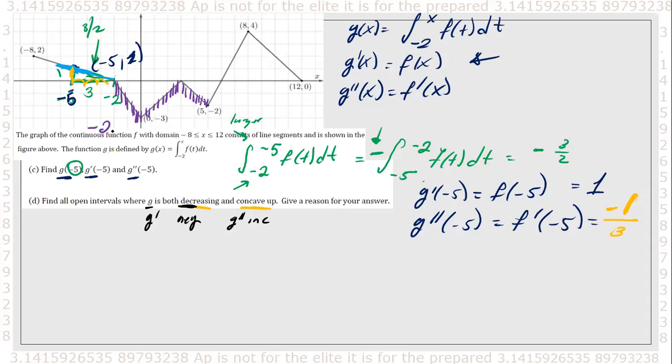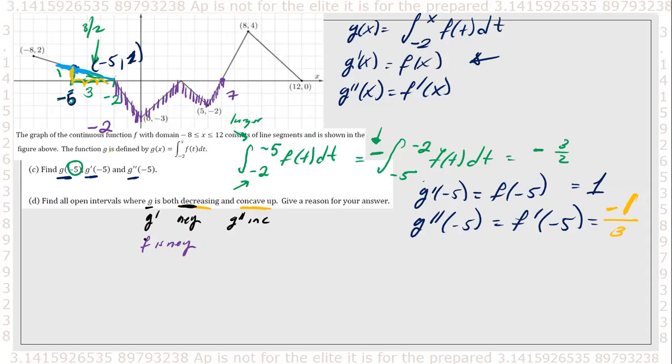From -2 all the way to 5, 6, 7, so from -2 to 7, it is decreasing, so it is negative because my F is negative.